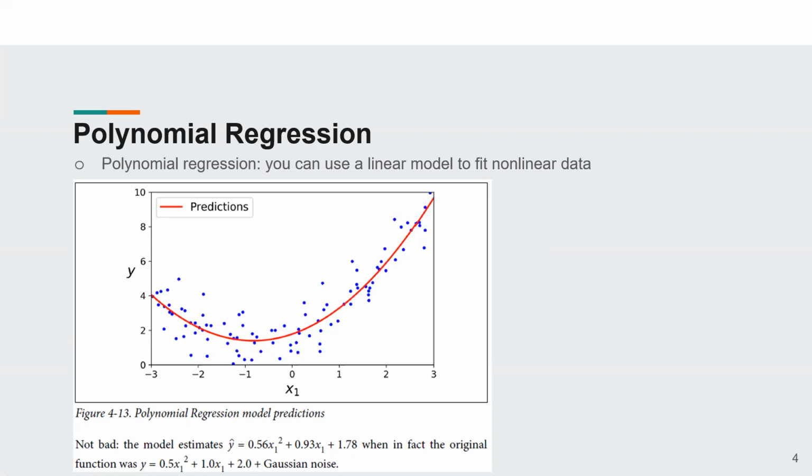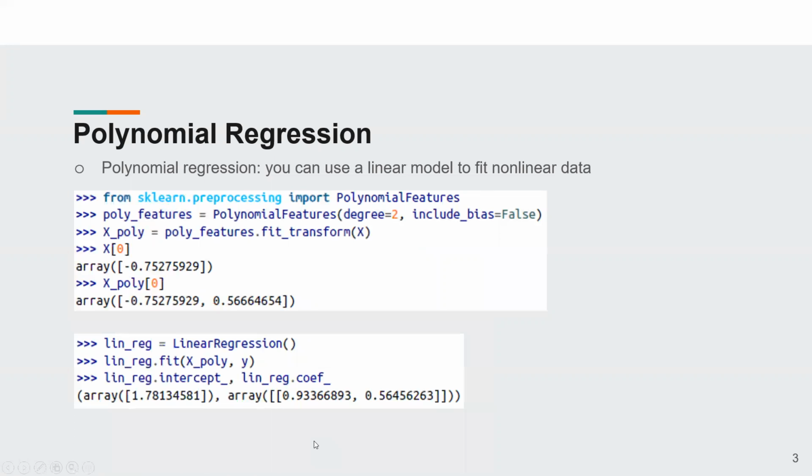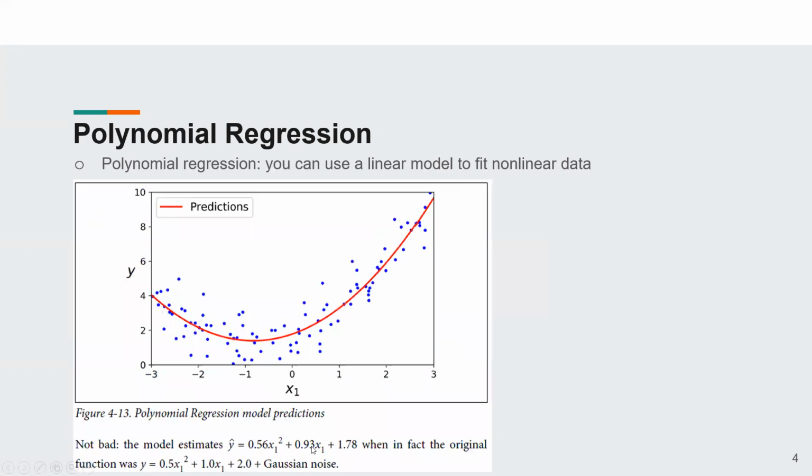In this example, we only have one feature, which is x1. Then the output of the function is a second degree polynomial. And so essentially, you're using x1 squared as one specific feature, which is a transformed variable of x1. If you look at the numbers again, 0.56, 0.93, and 1.78: 1.78 is the intercept, one of them is for the second degree polynomial, and the other one is for the first degree feature itself.